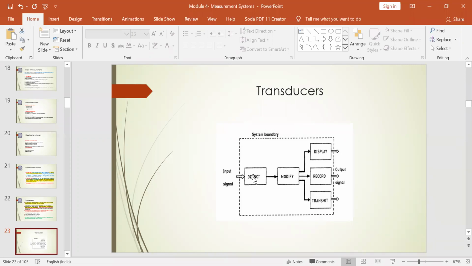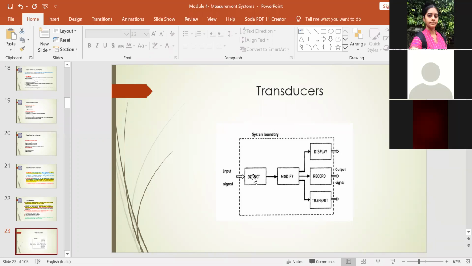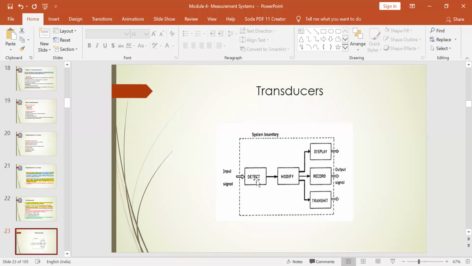Stage 1 transducer just detects the input signal, and the stage 2 transducer is an intermediate transducer which modifies the detected input signal into the required output signal. So it is a modifier unit. We call this a transducer of stage 2 type.